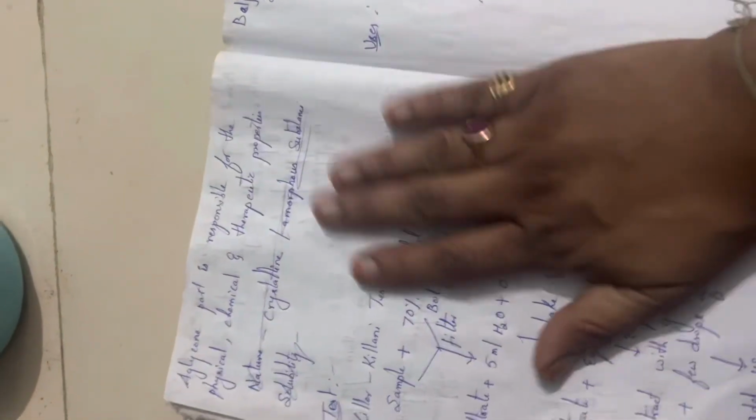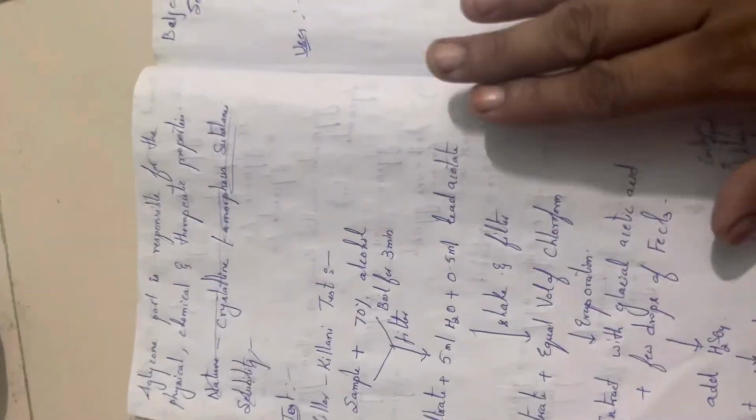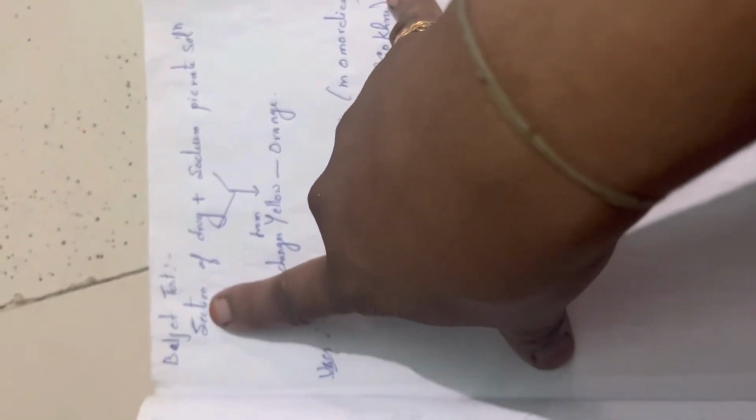For tannins we studied the gold beater test, and for glycosides we have studied the Keller-Kiliani test. We also have another test, the Borntrager test. Here we take a transverse section of the drug plus sodium picrate solution.